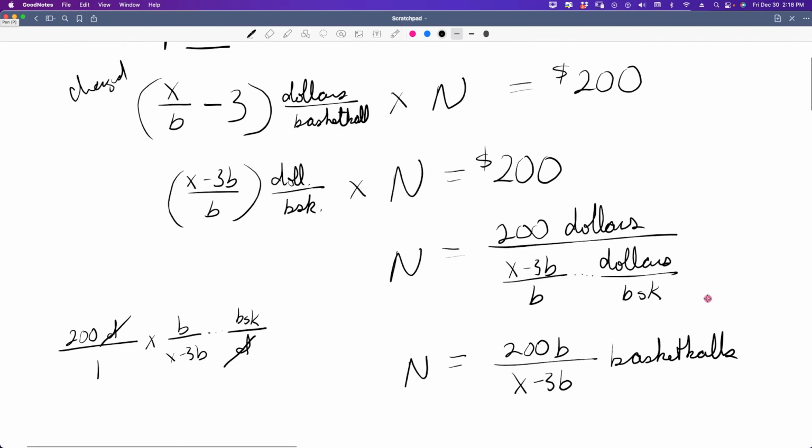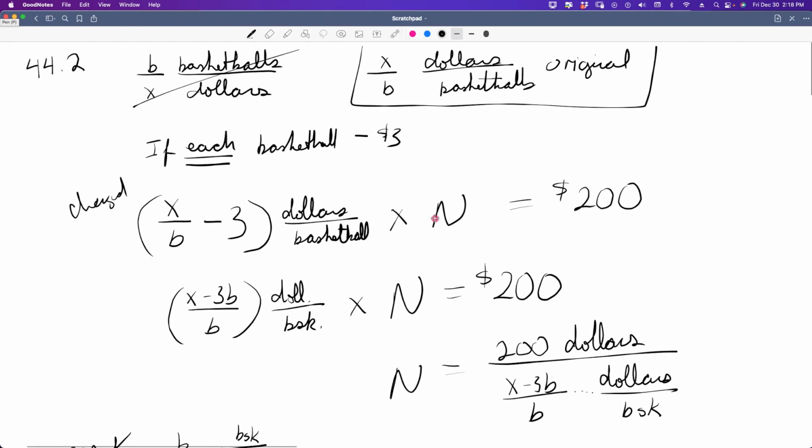So the tricky part here was the fact that it said if each basketball costs $3 less. In the first problem, it talked about the whole group being increased. The price for the total purchase of all the pencils had x dollars added to it. In this problem, each basketball independently was reduced by $3, and we didn't have access to that.